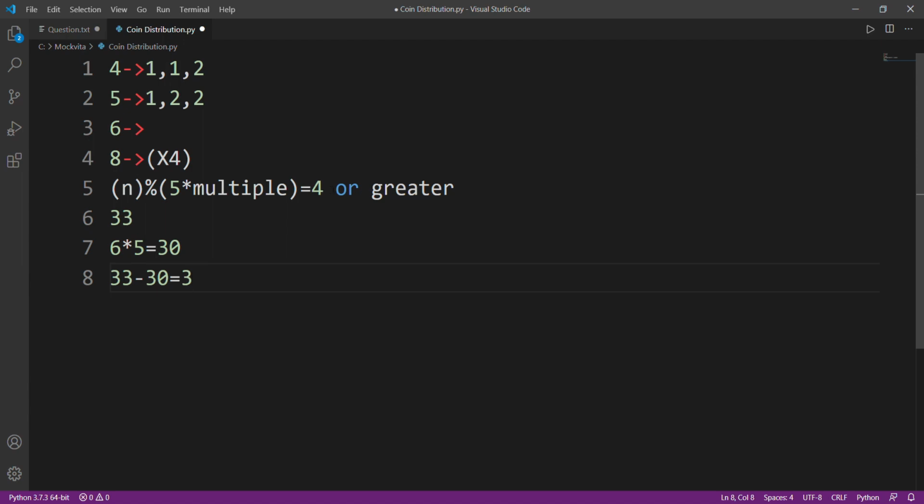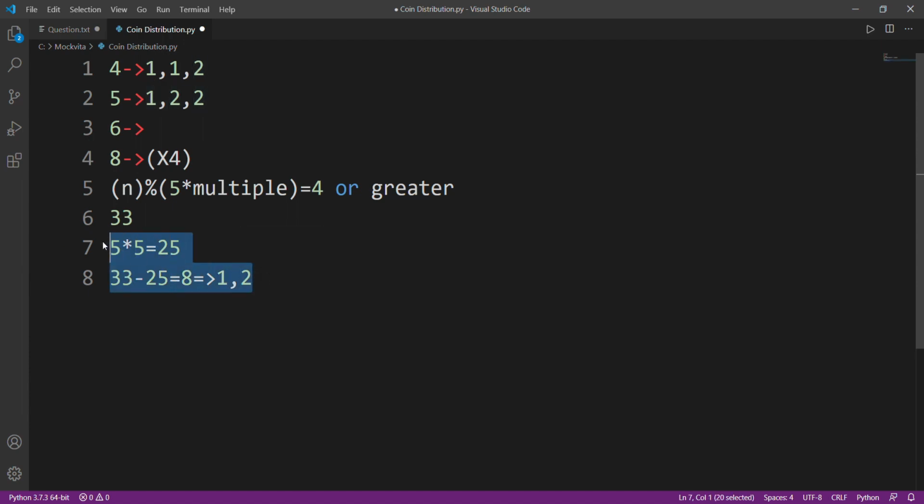And I've already determined that I at least need a value of 4. So I can only use 5 coins. 5 into 5 will be equal to 25, and 33 minus 25 will give me 8. Now I only need to make this 8, which I can do with 1 and 2, basically with the help of 1 and 2. So this is going to be my approach.